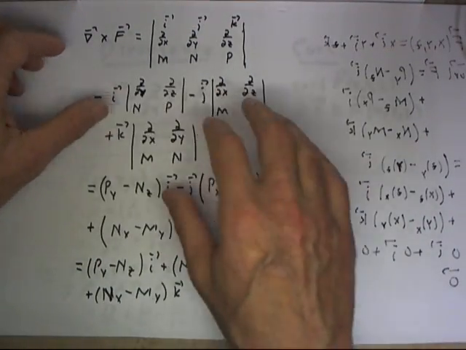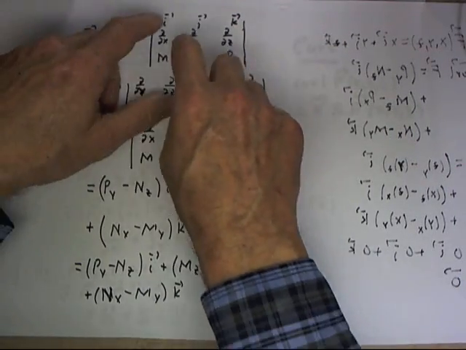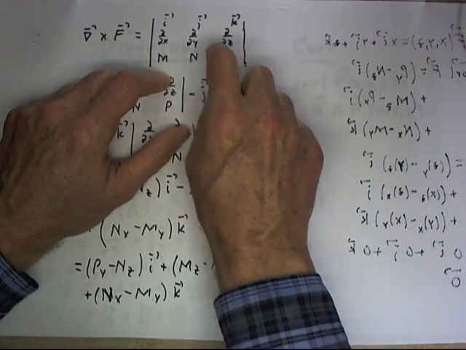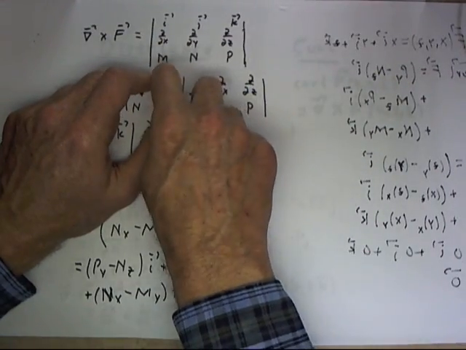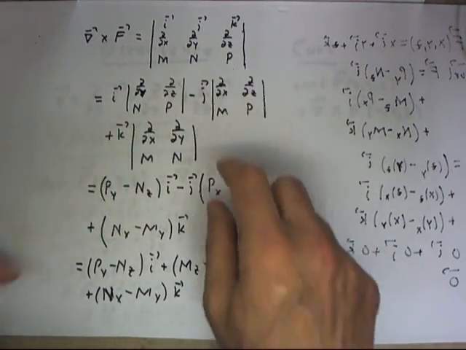Now we look at the curl, which is del cross f. And we write this out in determinant form: the i, j, k vector, the del operator, and the components of the f vector.